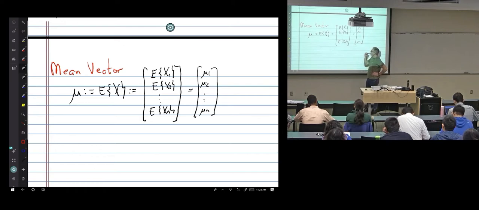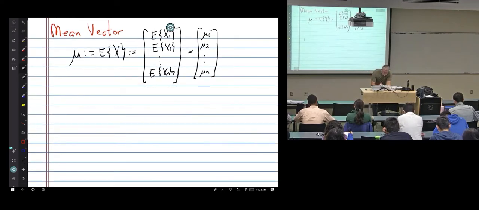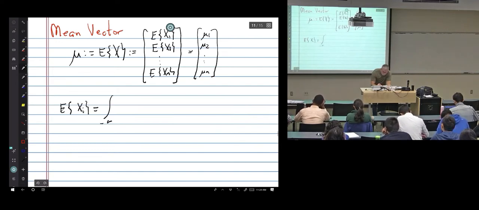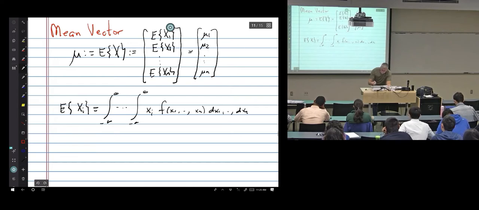Okay, so what integral do I have to write down to calculate the mean of, say, the third component? The expected value of x sub i is this iterated integral of xi times f of x1 through xn.